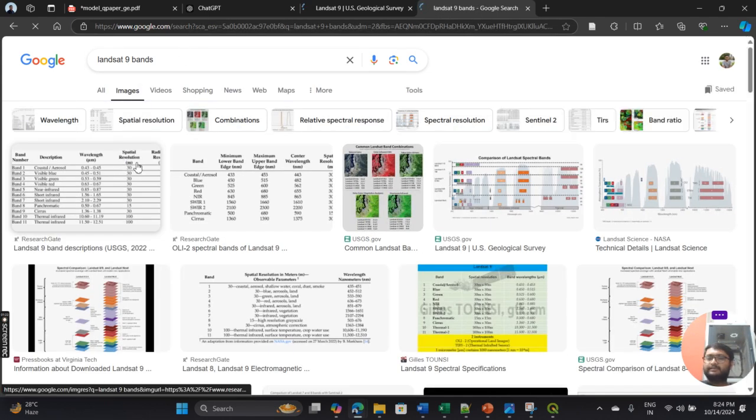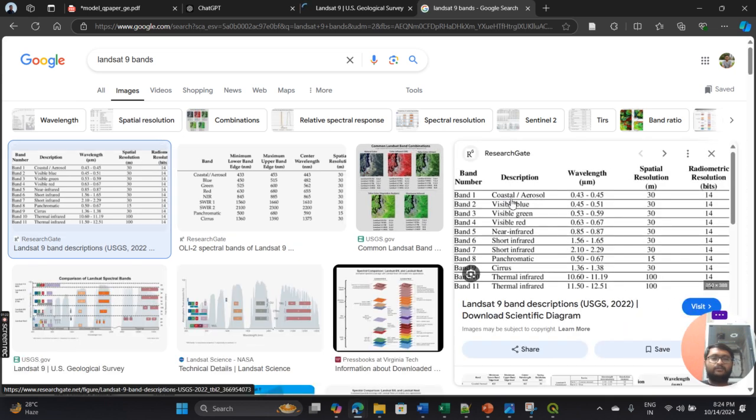So it has 11 bands. As I told, coastal aerosol, visible blue, green, red, then near infrared, two bands from shortwave infrared, one panchromatic band, one for detecting clouds, which is the Cirrus band, and then two thermal infrared bands.